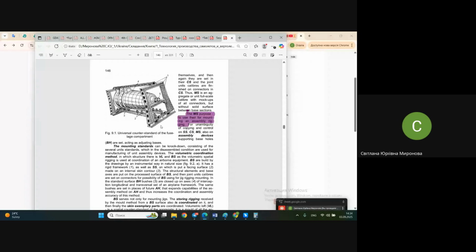But when airplanes exceeded the speed of 300 kilometers per hour, which is actually not much, as we understand now, because it's the speed of modern race automobiles, it appeared that the technique of coordination using lofts and templates does not give proper results in serial manufacturing.